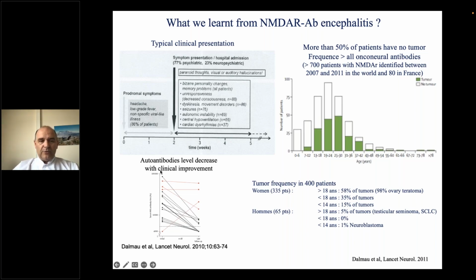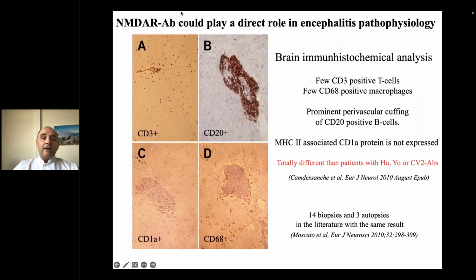And the very important point was the evolution of the patient, the decrease of the autoantibodies during the evolution, and the clinical improvement, and the fact that, in fact, it was a blockage of the neuronal functioning and not a destruction of the neuron, suggesting that autoantibodies could play a role.